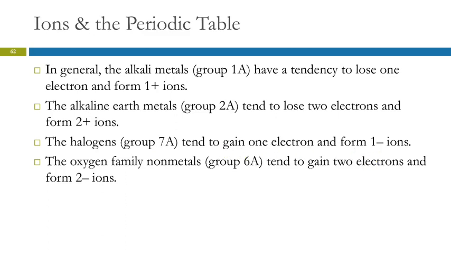So if you like the group numbers, you can say for the nonmetals, you take the group number -8. So 7 minus 8 will give you the charge on the ion. The oxygen family, which doesn't have an accepted name, group 6A tends to gain 2 electrons. So again, if you take the group number and subtract 8, that will give you the charge that those atoms have when they become ions.